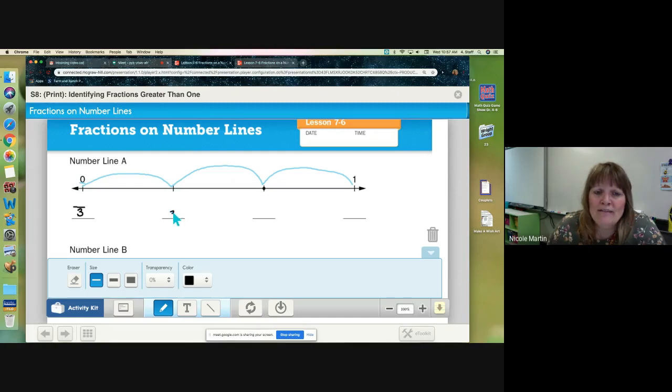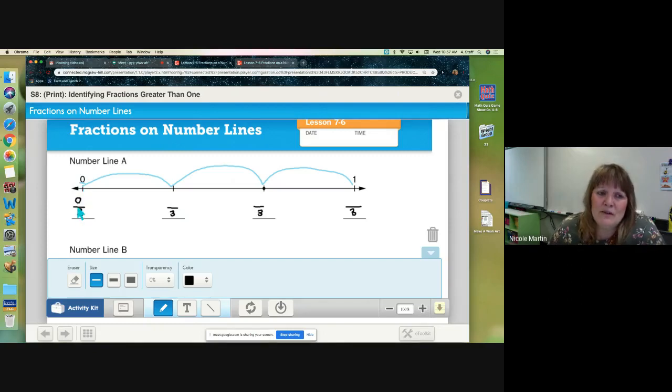So we can go ahead and fill in all of the other spaces because we know that this number line is divided into 3 equal parts. Okay? Now we're going to look at those parts as we move forward on the number line. The very first hash mark is going to be 0, because we haven't traveled a distance. We haven't looked at a part.